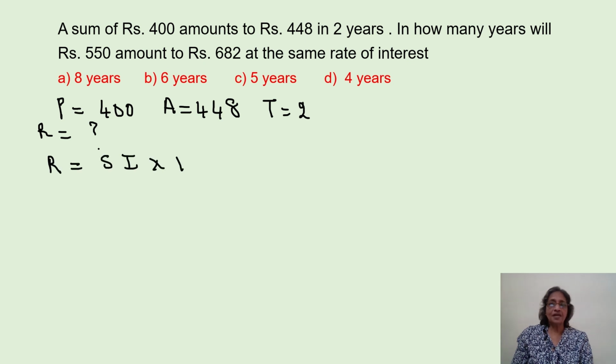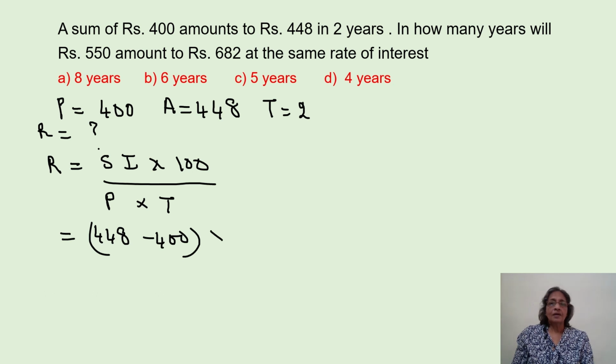So let's do it by the formula. Now I don't know the simple interest, but simple interest from here would be 448 minus 400. That is the amount minus the principal.